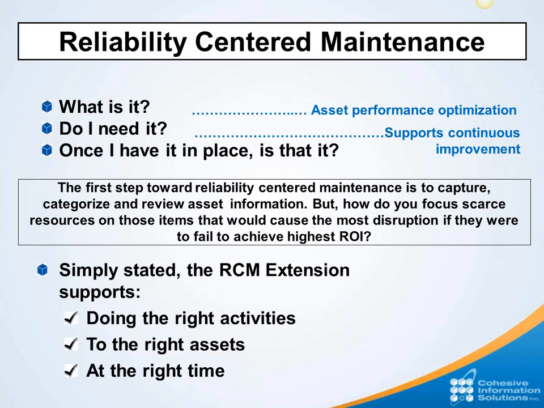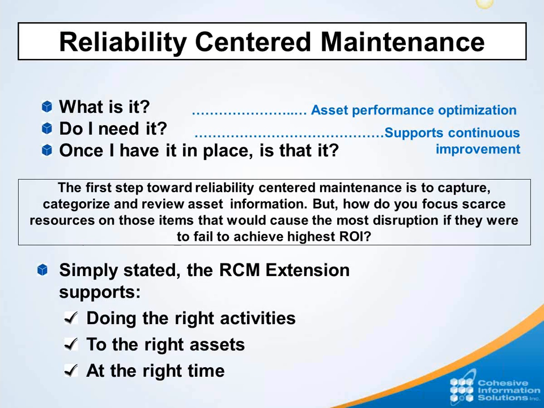So simply stated, if you boil RCM down, it really boils down to doing the right activities to the right assets at the right time. Now that's a lot easier said than done. It's hard to say you're ever finished with RCM because it is an optimizing process.